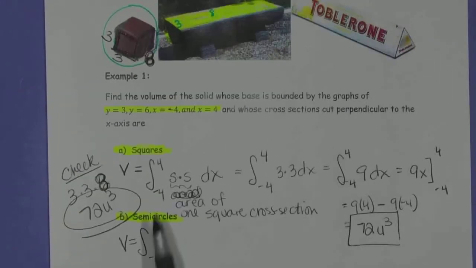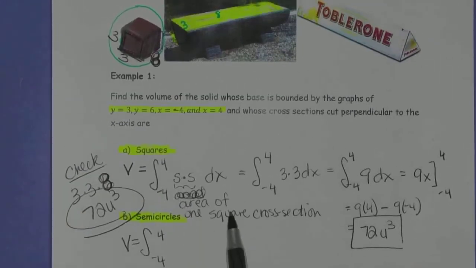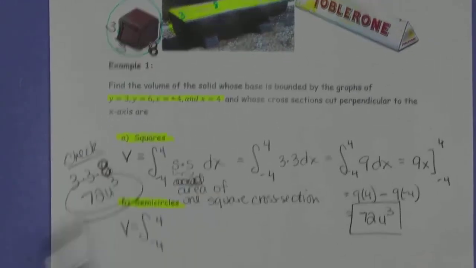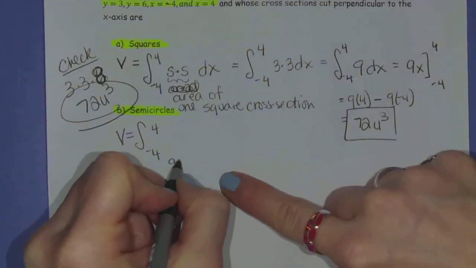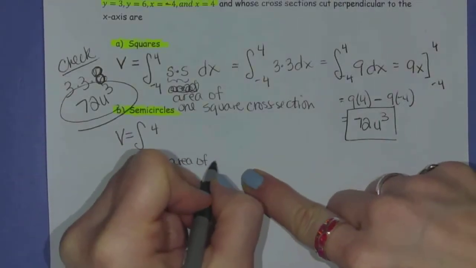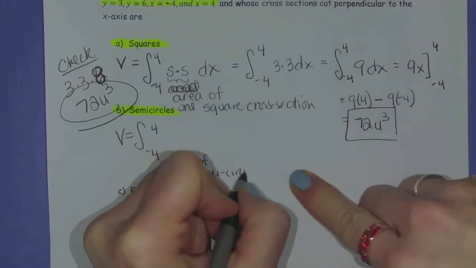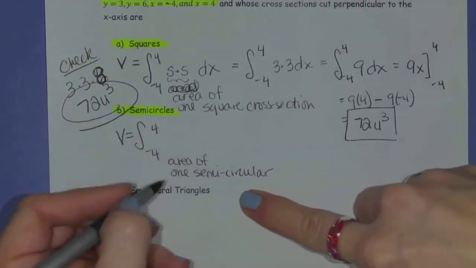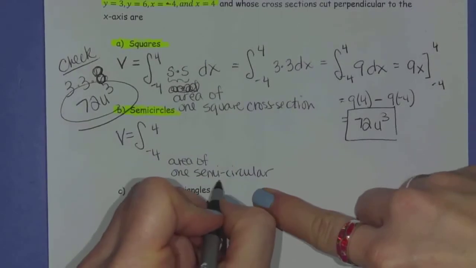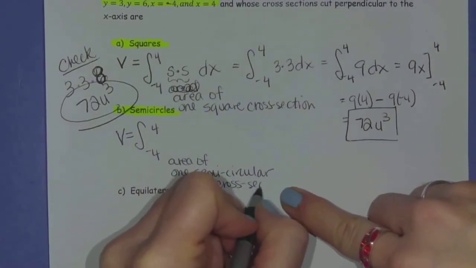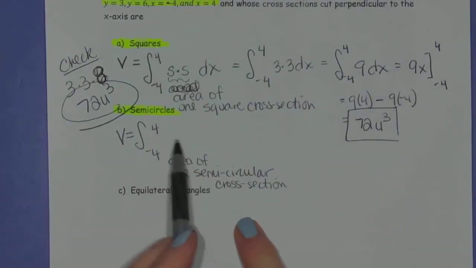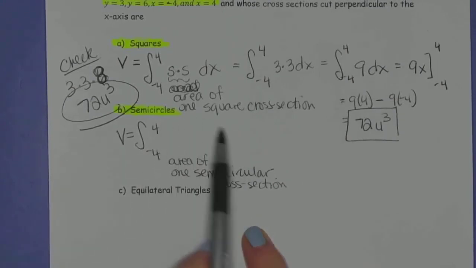But now, we don't need the area of one square cross section, S times S. We need the area of one semicircular cross section. So whatever your cross sections are, that is the formula you put right here inside your integral.